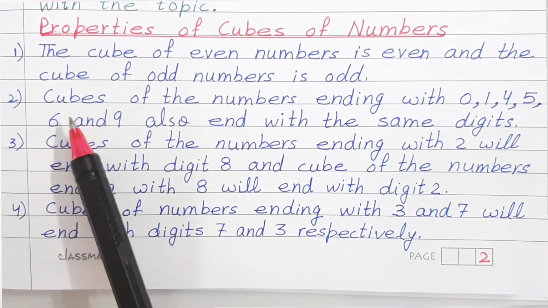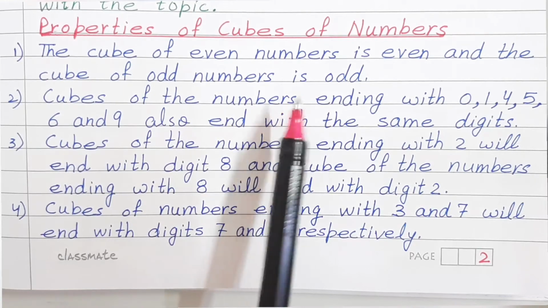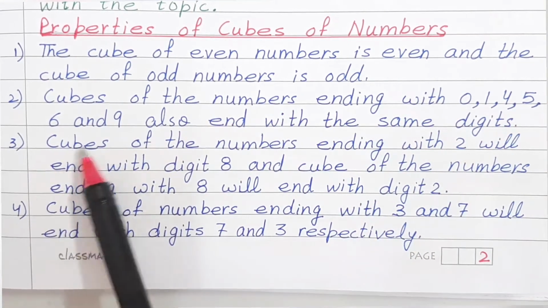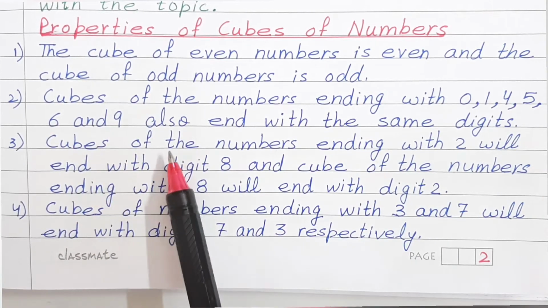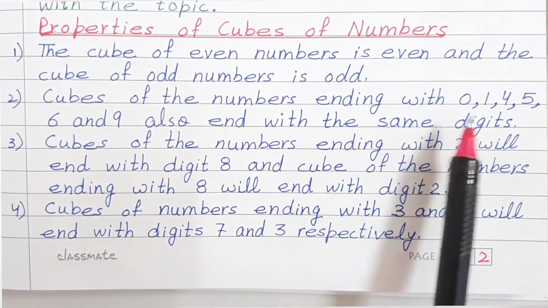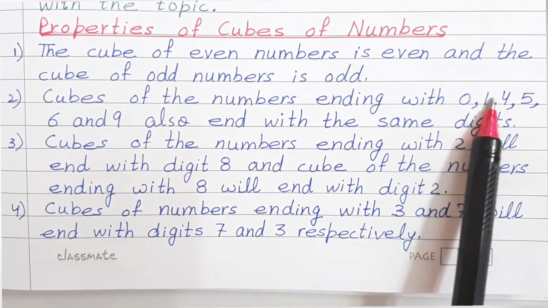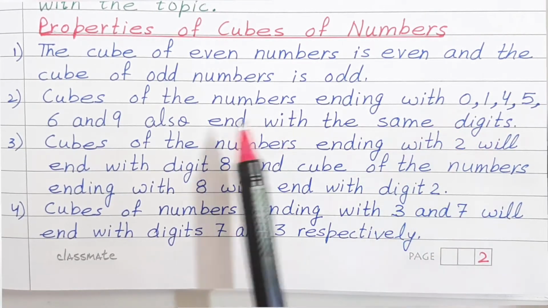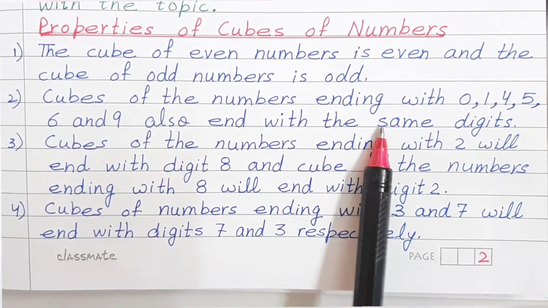Second, cubes of the numbers ending with 0, 1, 4, 5, 6 and 9 also end with the same digits. Students, this is very important. If the last digit is 0, then its cube will also be 0 at the end. Right? I am repeating this property.